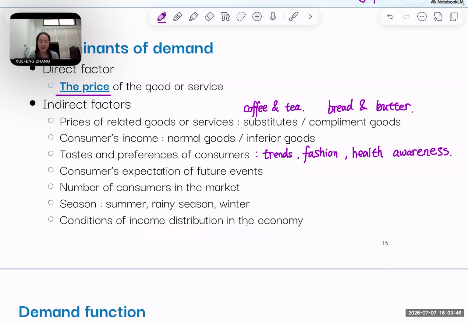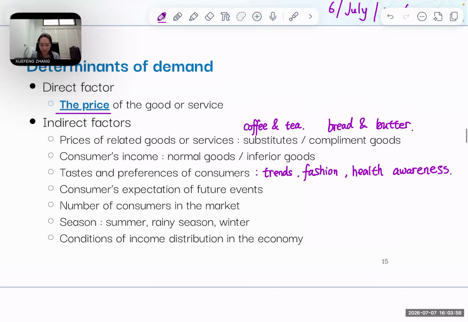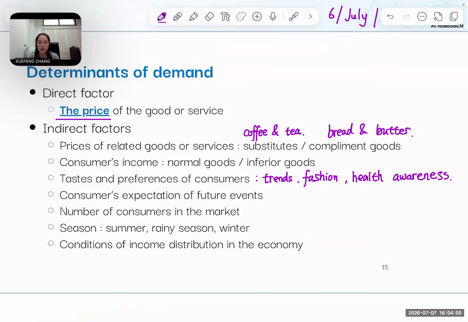This means that how income is spread across society changes what gets demanded overall. The key distinction to remember is that if price changes, this is about movement along the demand curve. If any one of these other factors changes, the whole curve shifts.